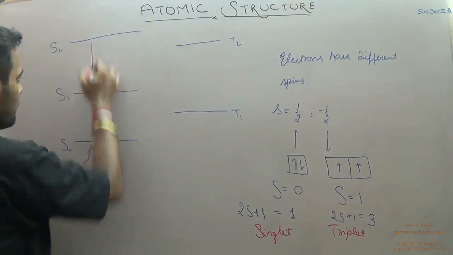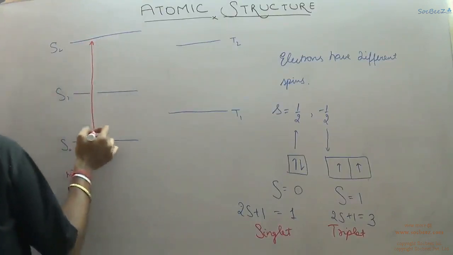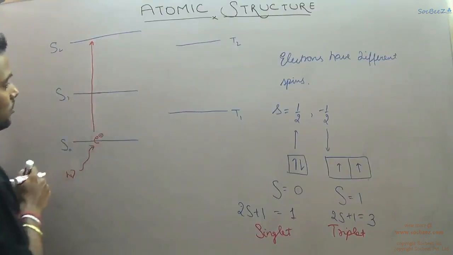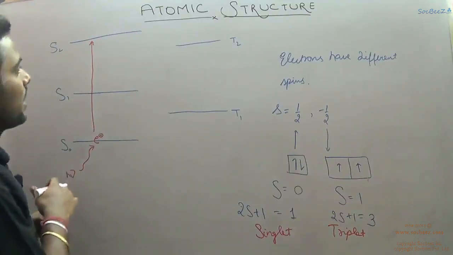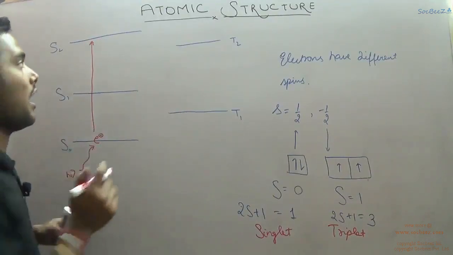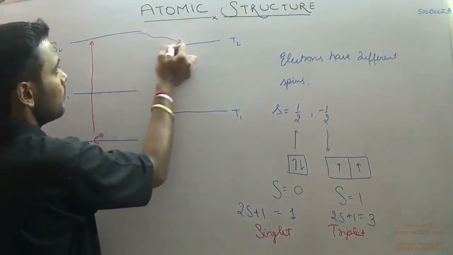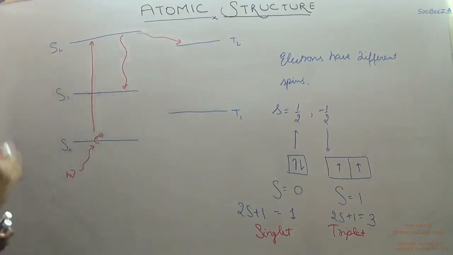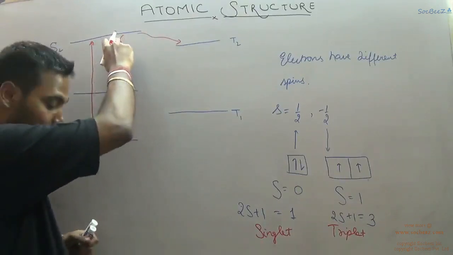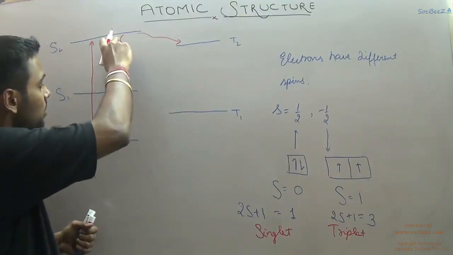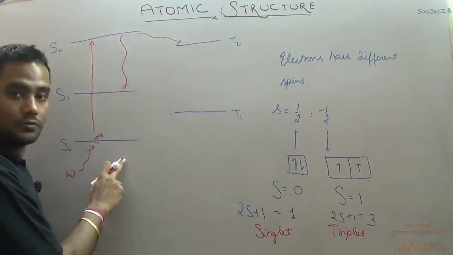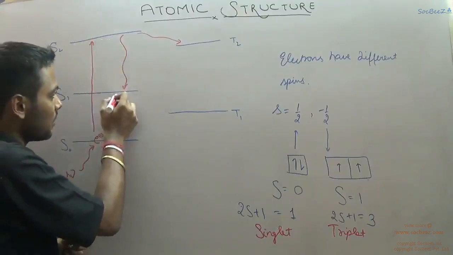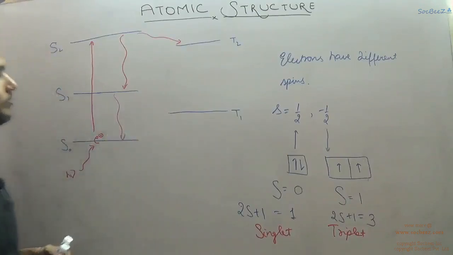So if this electron makes a jump to the S2 level, now in order to come to the ground state, this electron has two choices, either to go here or to come to S1. Remember, the electron from S2 can never come directly to S0. It will first come to S1 and then it will come to S0.